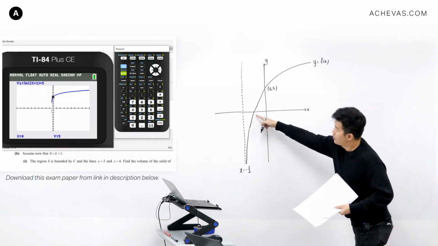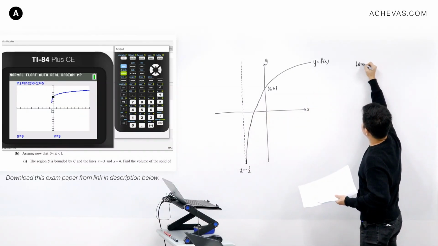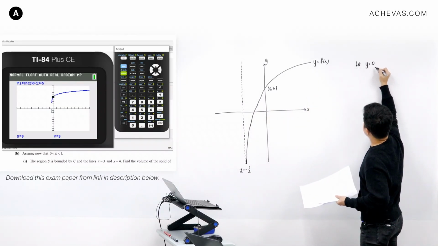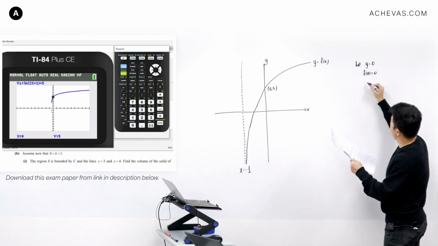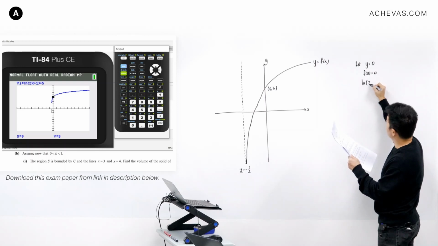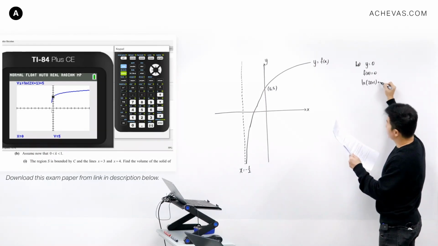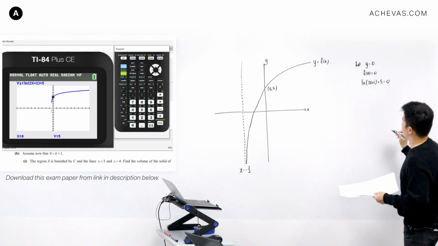So for this point here, I'm going to be letting y to be equal to 0. So I'm going to be letting f(x) to be equal to 0, and f(x) is given to me as ln(2x plus 1) plus 5. This is equal to 0.